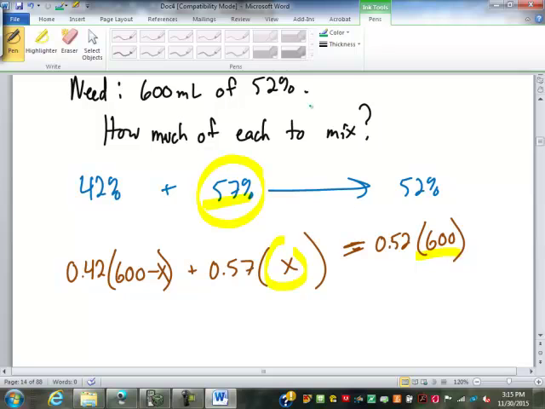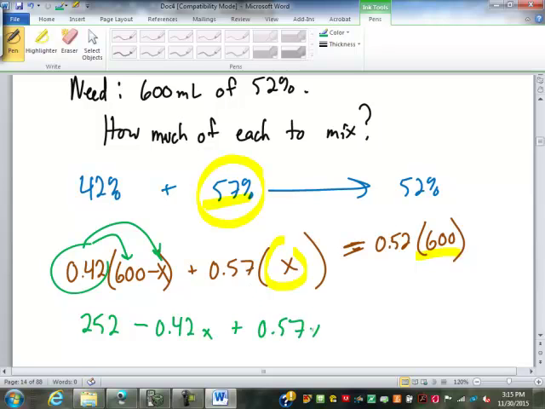So now 0.42 times 600 is 252. Is that correct? 0.42 times negative X is a negative 0.42X. Does that work out right? Plus 0.57X equals 0.52 times 600, which is 312.